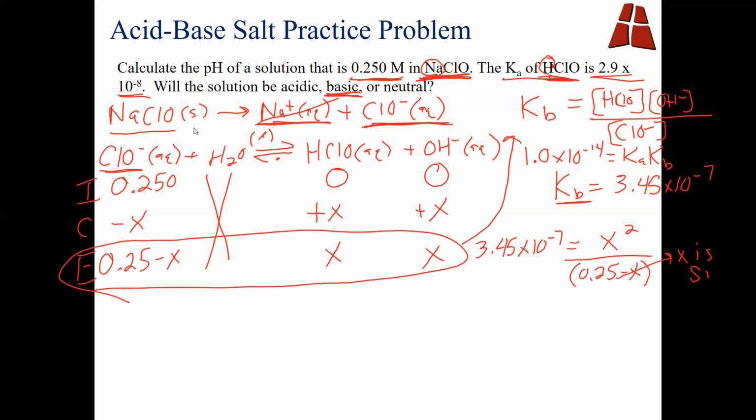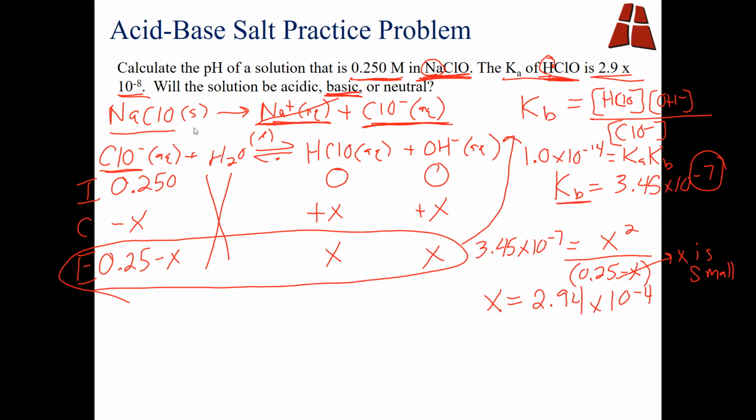The reason we can do that is because the Kb exponent is smaller than 10 to the negative 4th, here 10 to the negative 7th. So we can use our x-is-small approximation. We'd multiply each side by 0.25 and then take the square root in order to figure out x. Skipping a couple of those steps, I determined x is 2.94 times 10 to the negative 4th.